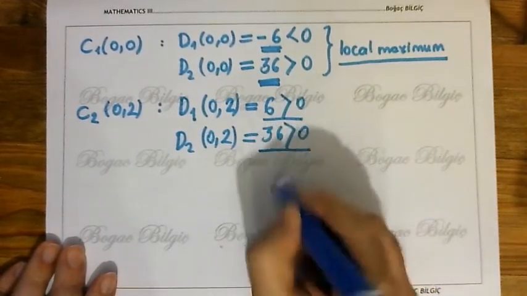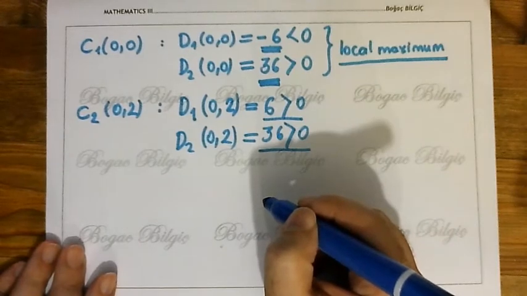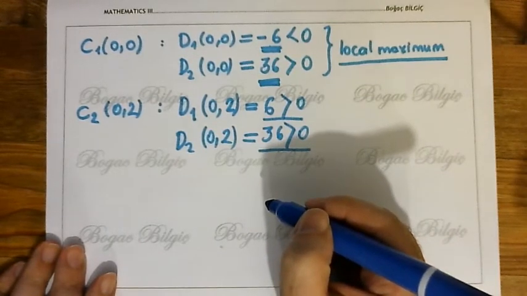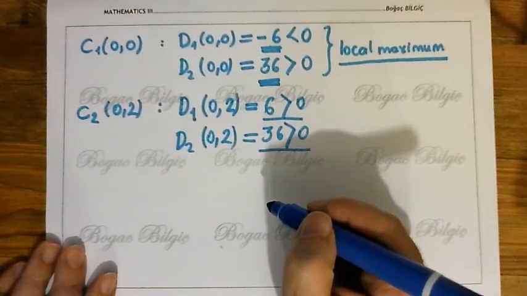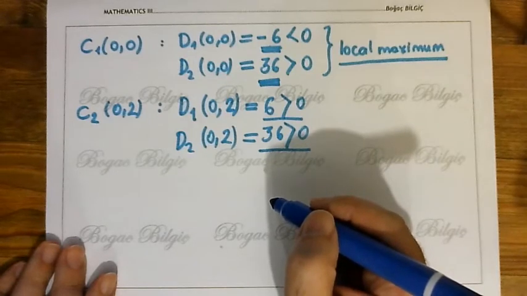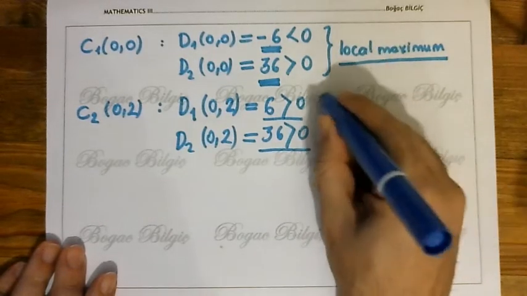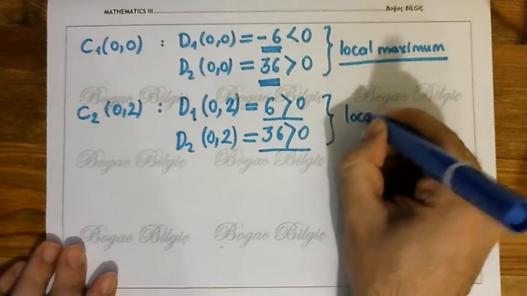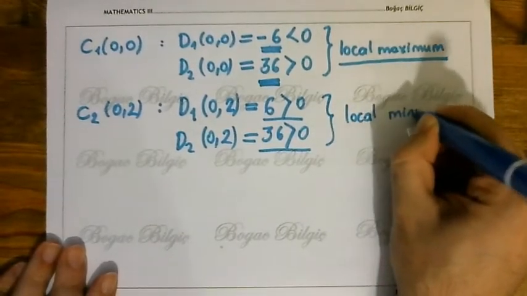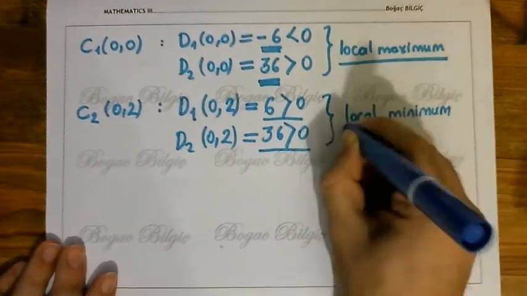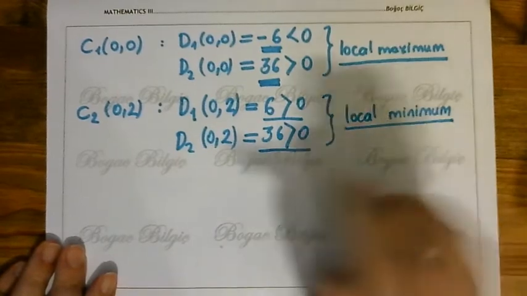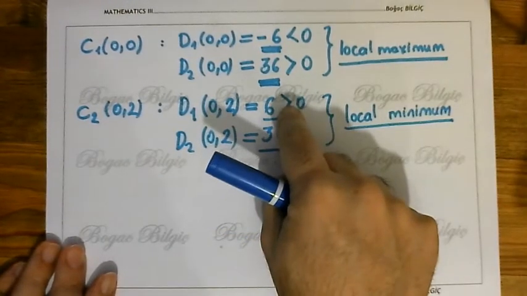We say that C2 yields a local minimum of f. Local minimum, because both are bigger than 0.